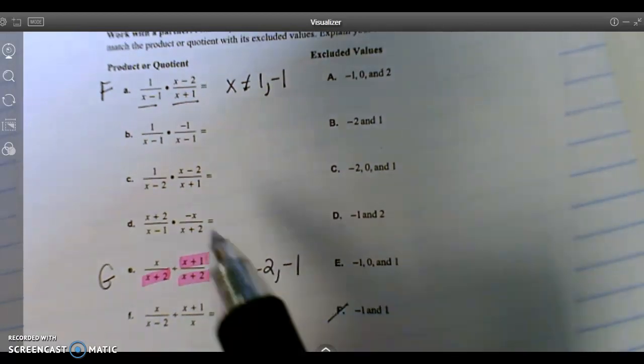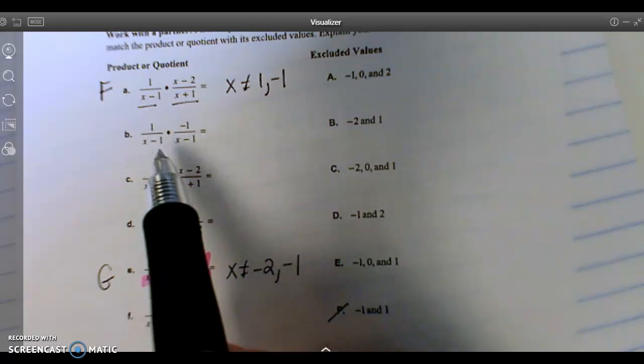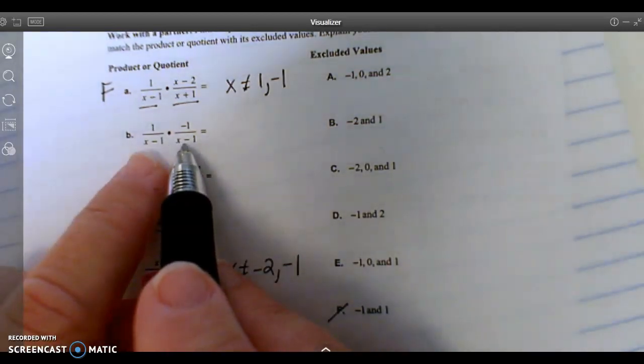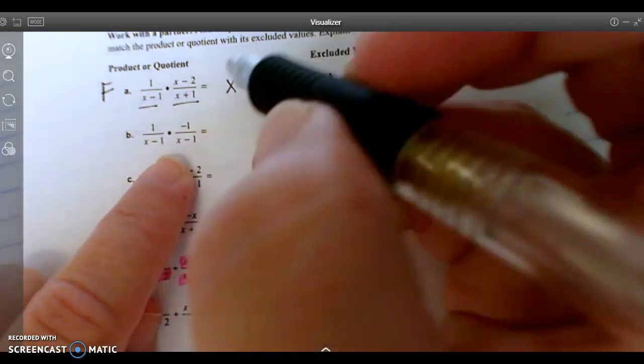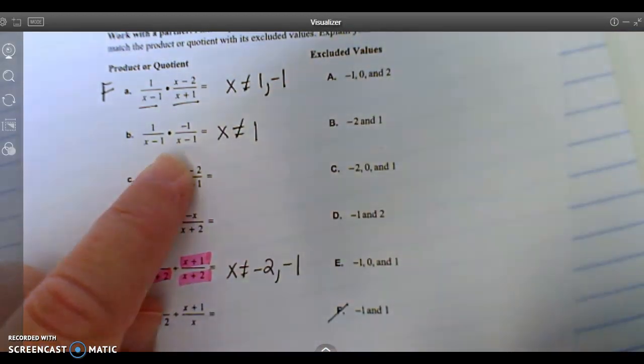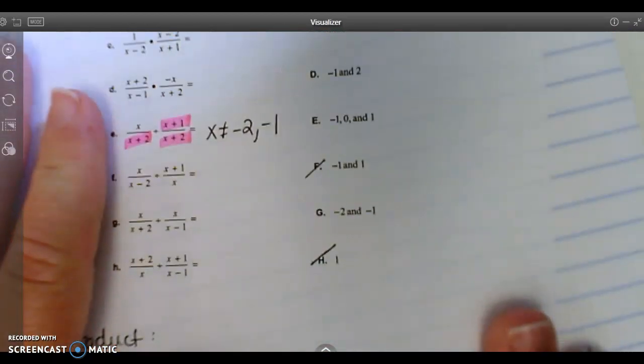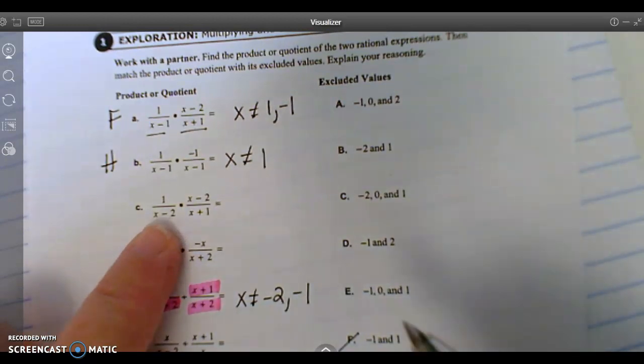Alright, so let's go back up. So for the product, I'm just going to look for where the bottom is 0. I don't have to look at the top. They're the same thing, so what can x not be? 1. And that would be H. Okay, the next one.